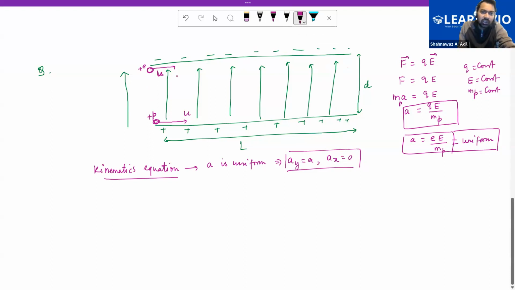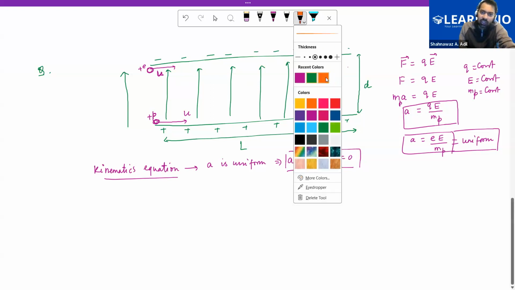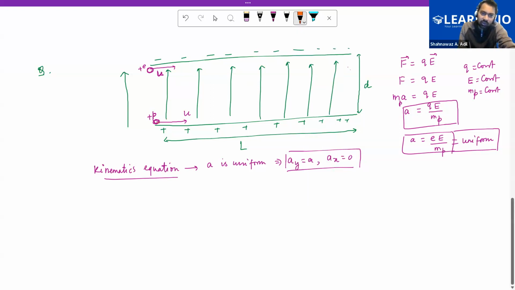For this electron, the force would be in this downward direction. So the trajectory of proton would be this one, because it is feeling a force in the upward direction. Trajectory of electron would be this, right?